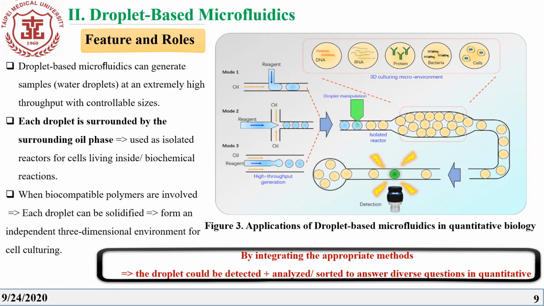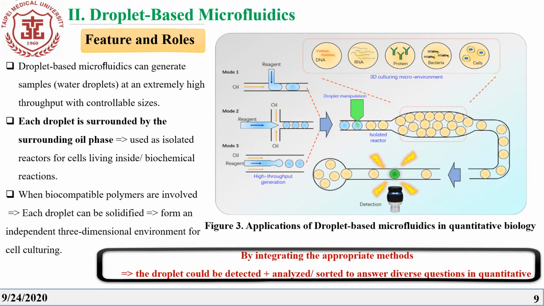And let's move on to the second device. This is probably phase microfluidics. You can look at figure 3, which describes the application of droplet-based microfluidics in quantitative biology. And droplet microfluidics can generate water droplets at an extremely high throughput with controllable size.